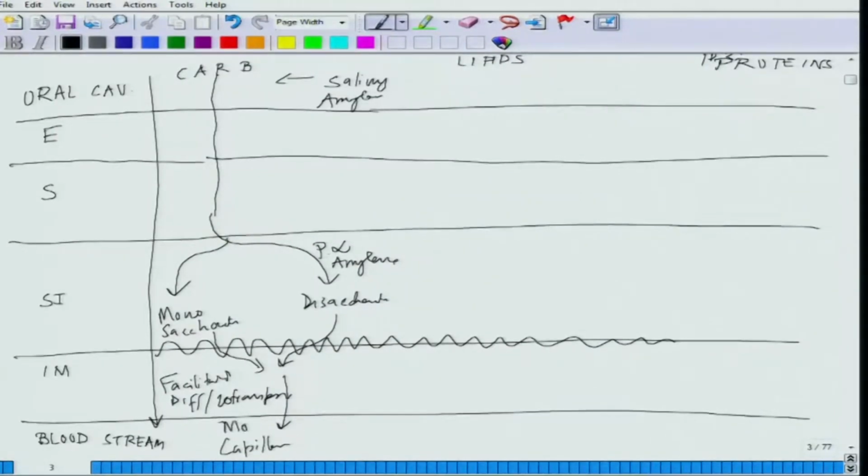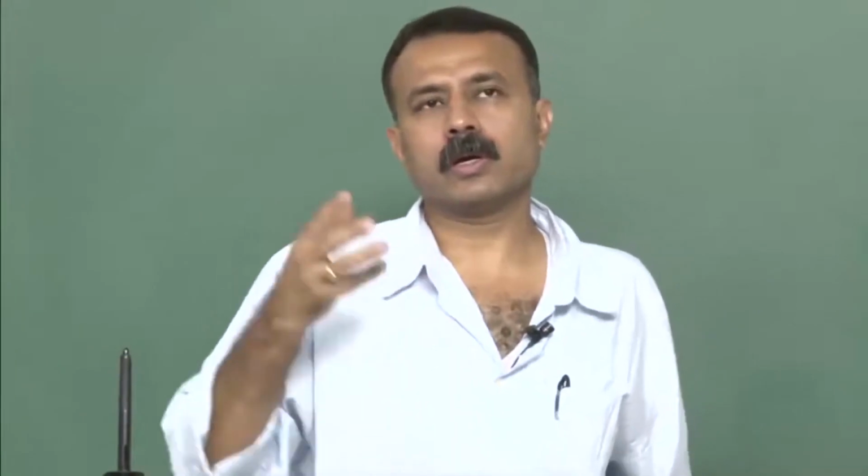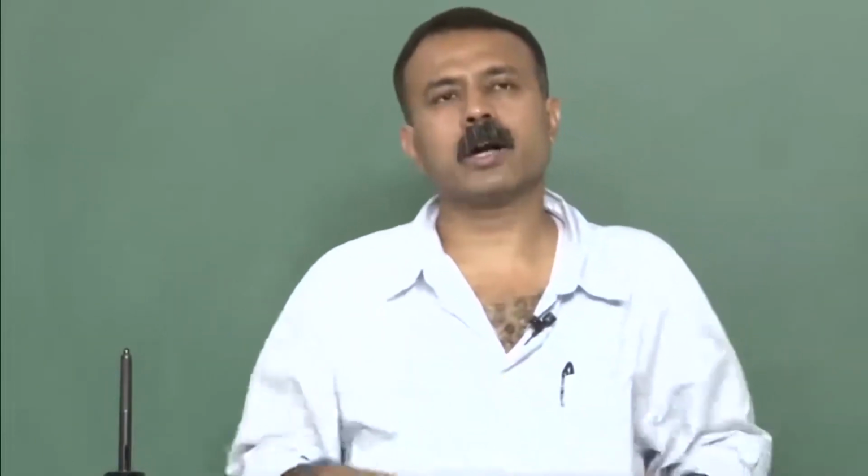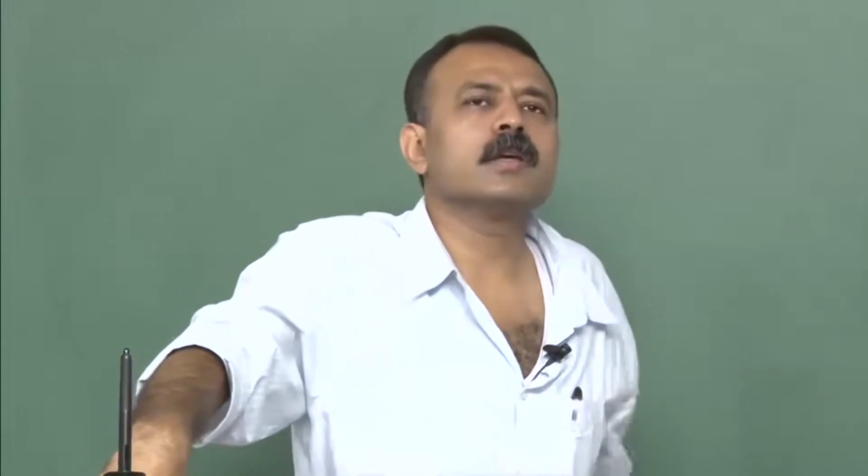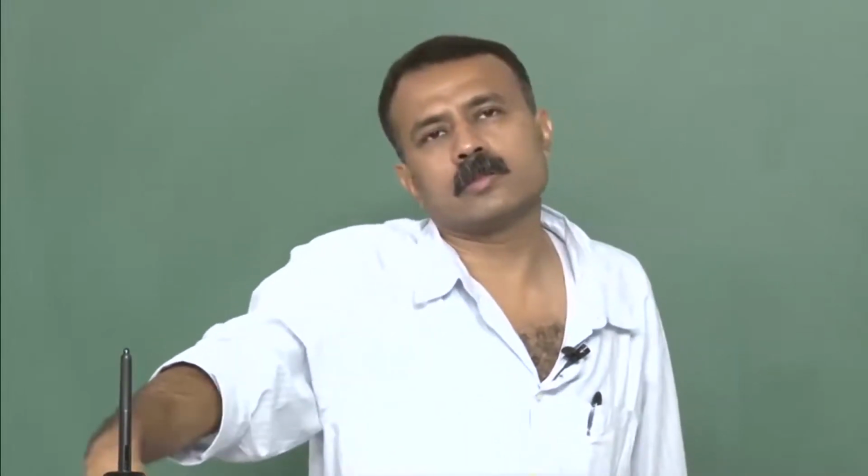They are all in the form of monosaccharides. So this is how the carbohydrate is being absorbed. Initially you chew the food, salivary amylase acts on it, then the carbohydrate part is partially broken down, and those partially broken down carbohydrates move on to the small intestine.